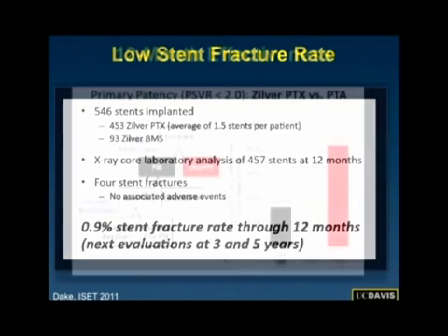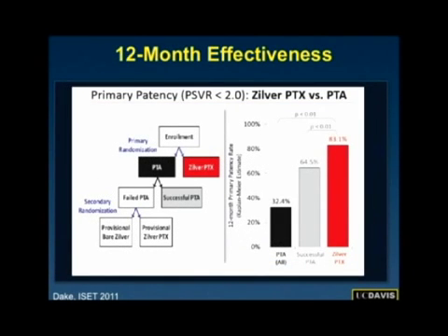If you looked at the duplex, and this is kind of a short straw man here with the PSVR less than 2, and you looked at the black, gray, and red boxes, here are the patency rates by duplex at 12 months for either PTA, successful PTA, or ZILVER PTX. So the drug-eluting stent performed better than PTA, which is encouraging but perhaps not surprising.